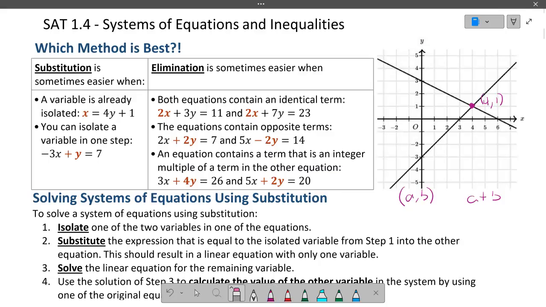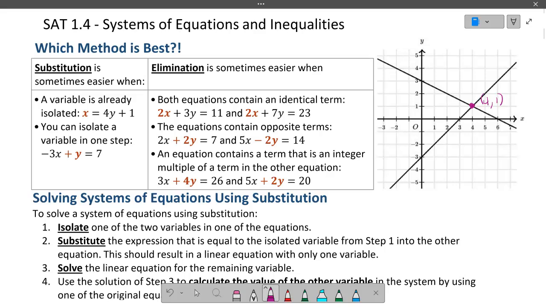Now with the system, we have two algebraic processes depending on what the structure of the system is. Substitution is typically going to be easier if the variable is already isolated or almost isolated. In our first example, x is already by itself.